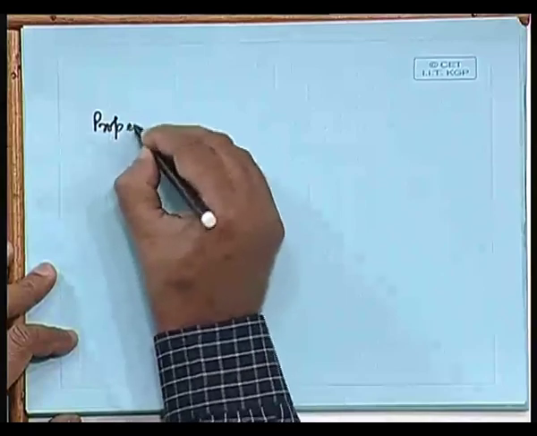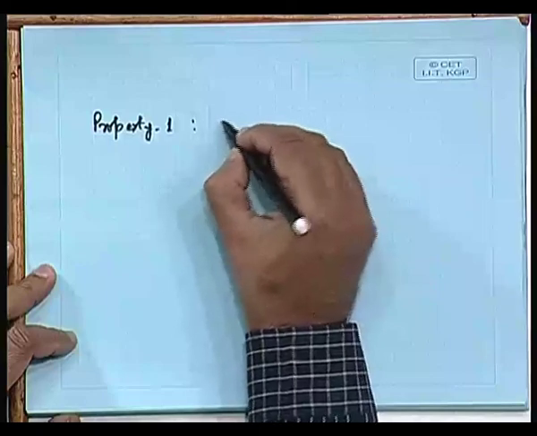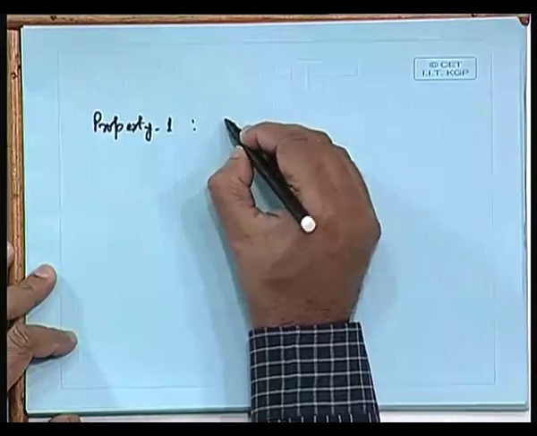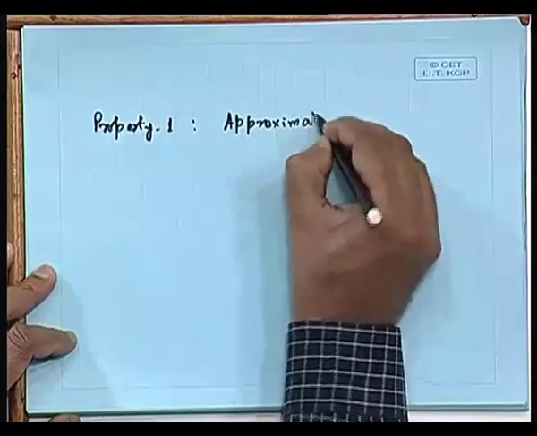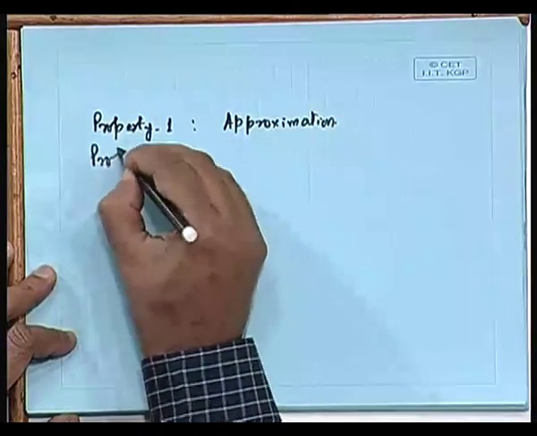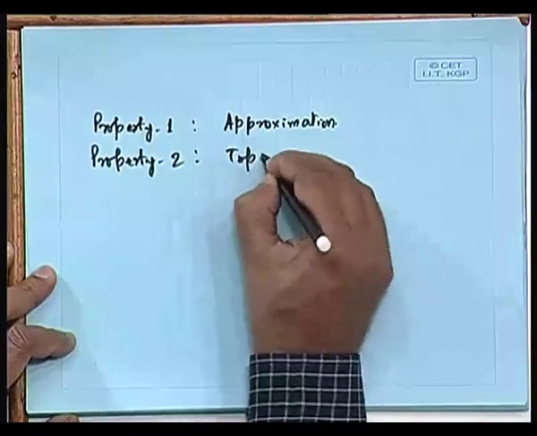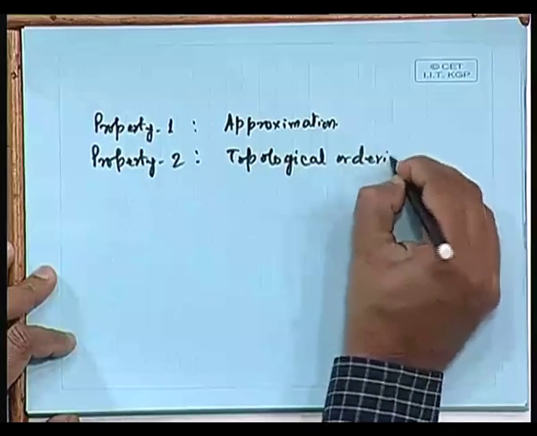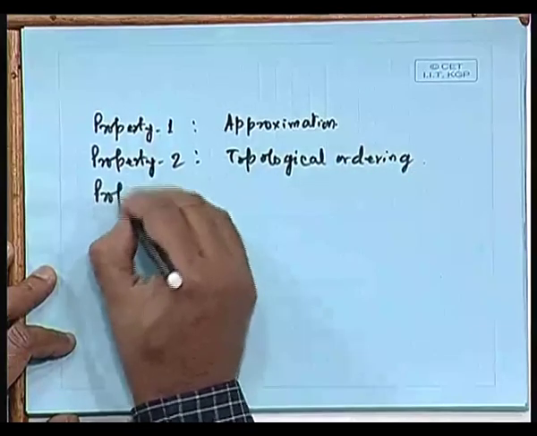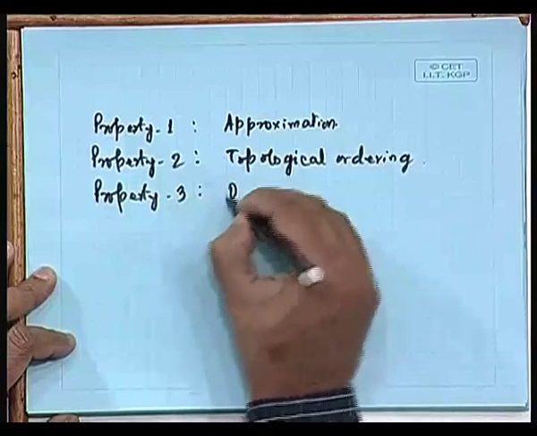Let us list out the four properties. Property 1 is the approximation, which we have just now described, property 2 is the topological ordering, which we also discussed, and as property 3 we can mention the density matching.